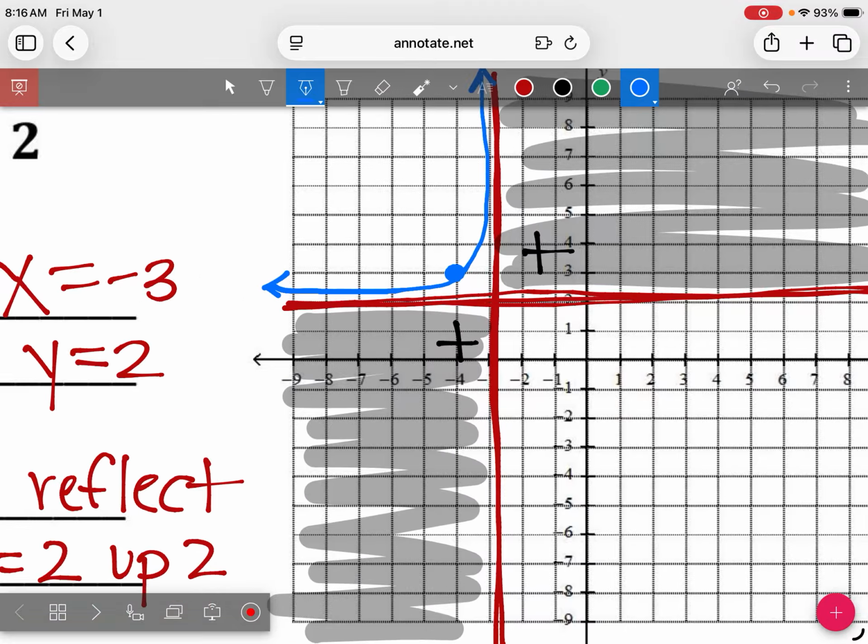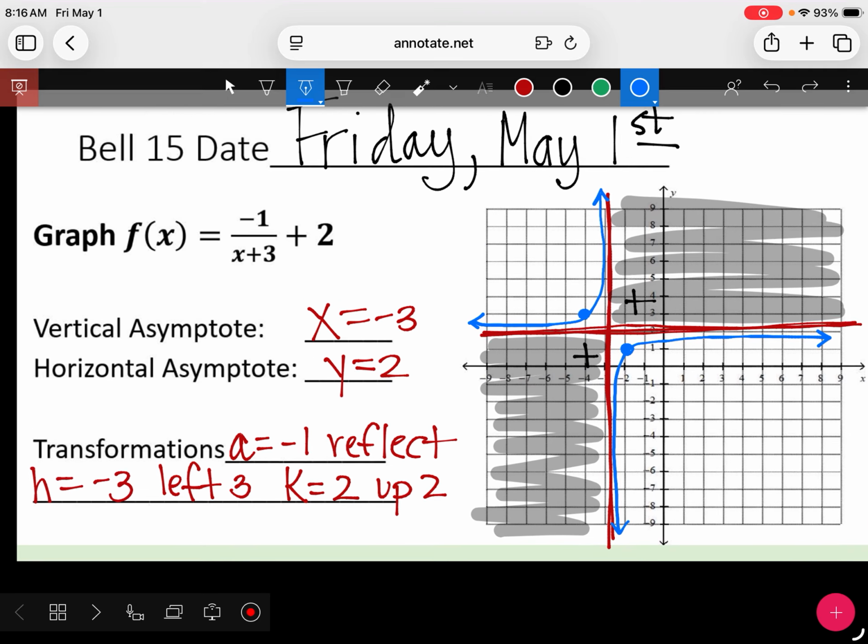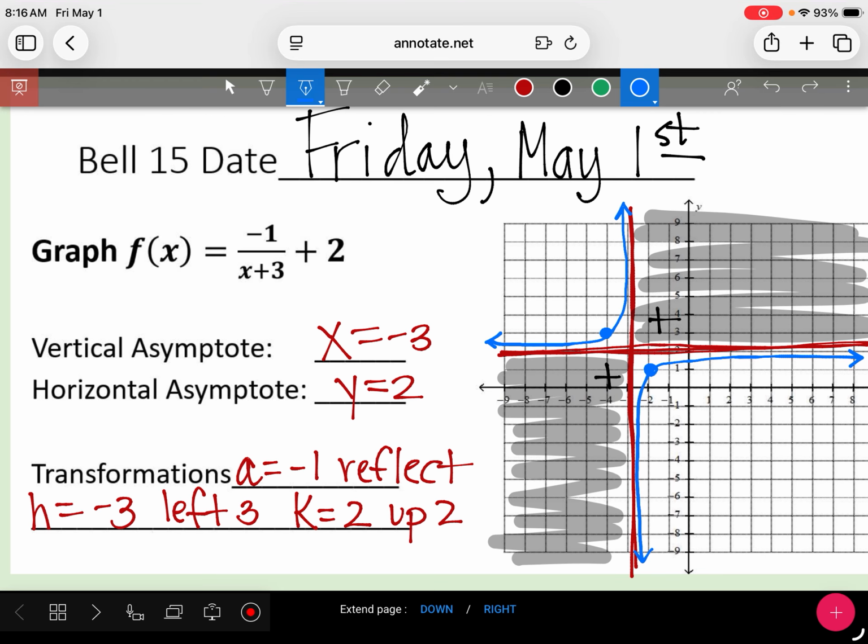Same thing here. You should practically be on the wall, but not on it. This is what I'm looking for when you do your last test of the semester, and you will have to graph a rational. That is worth full points. Any questions?